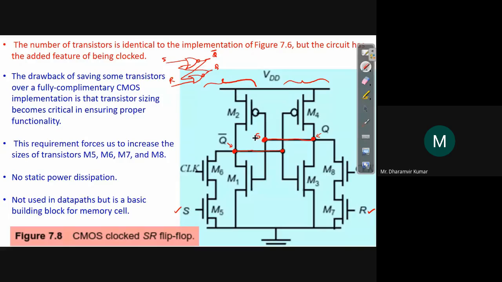Sorry, this is not S. This point is actually this point. Okay, and this S is fed here.